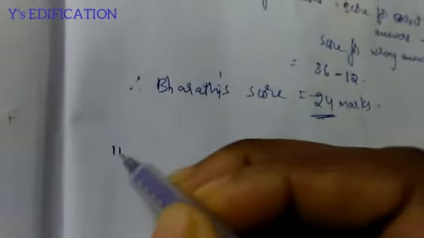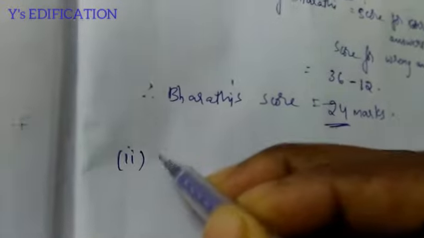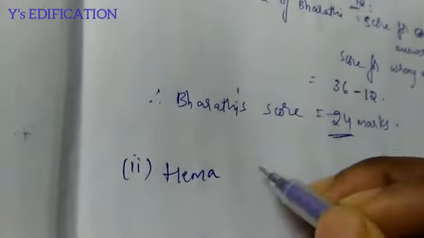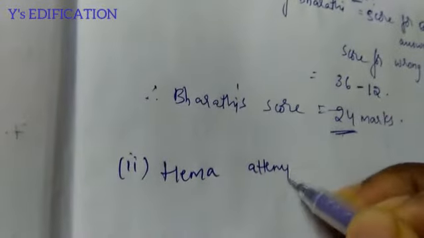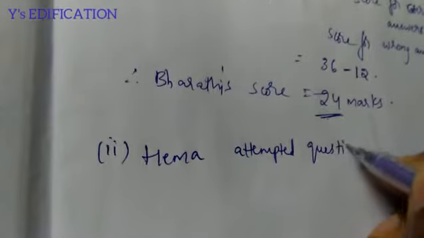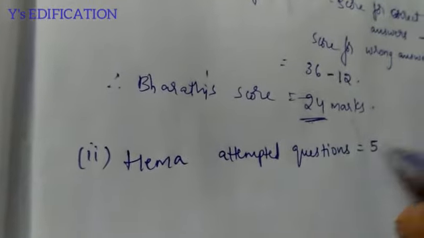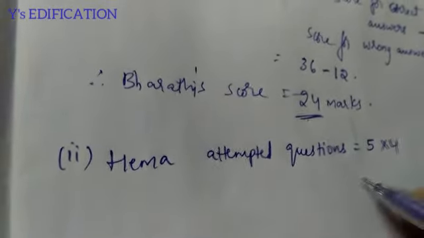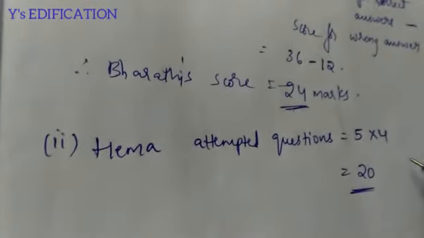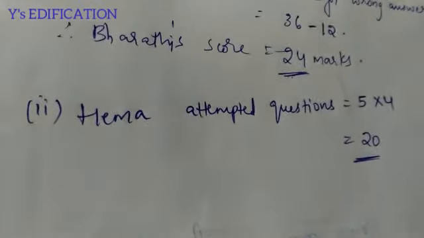Next one, we have one of her friends, Hema, who attempts only 5 questions and all are correct. Hema attempted only 5 questions out of 15, and all are correct. That means what is the score she got? 20 marks.